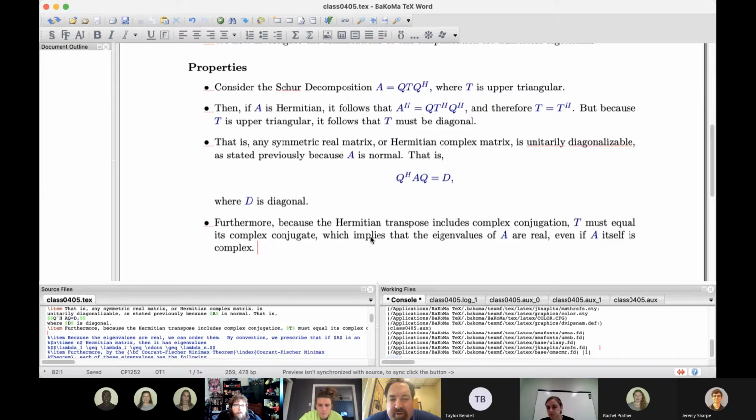When a complex number equals its own conjugate, the only way that can happen is if it's real. So that means that the eigenvalues are real, and that is going to make a big difference in terms of simplifying the QR algorithm.